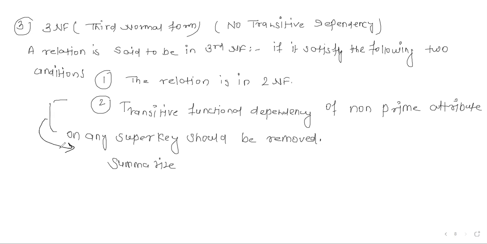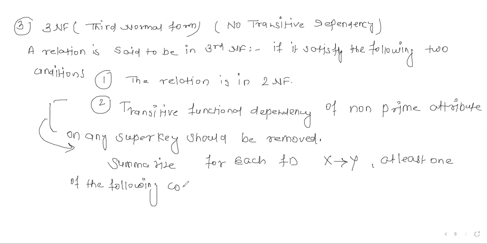This second condition we are going to summarize. For example, for each functional dependency, for example, X can determine Y, then at least one of the following conditions should hold. Now, what is the condition?